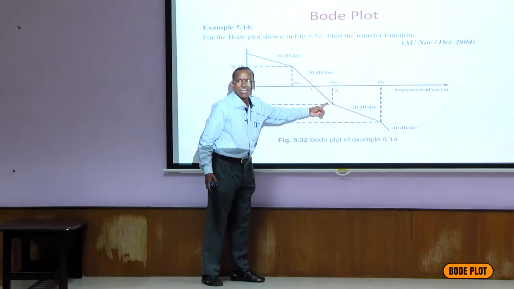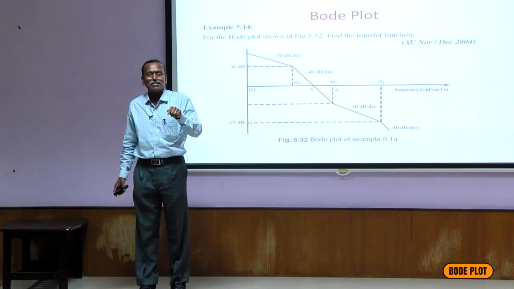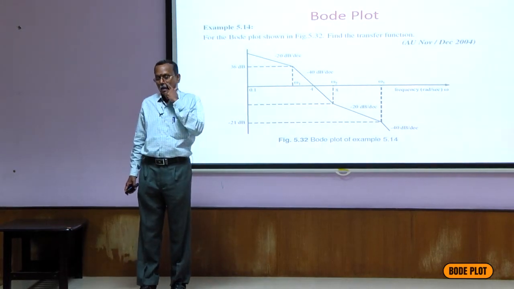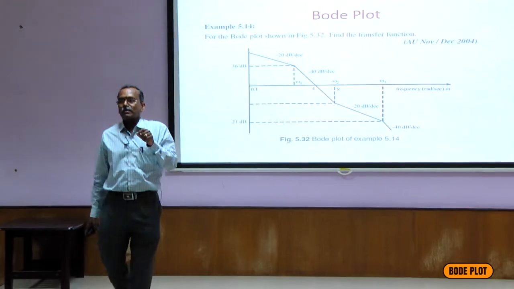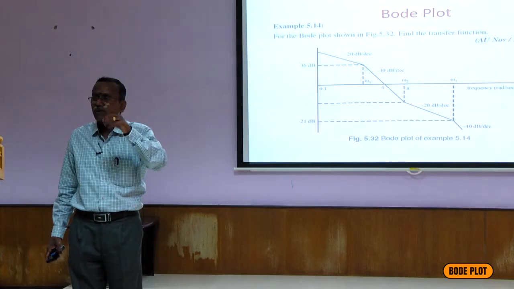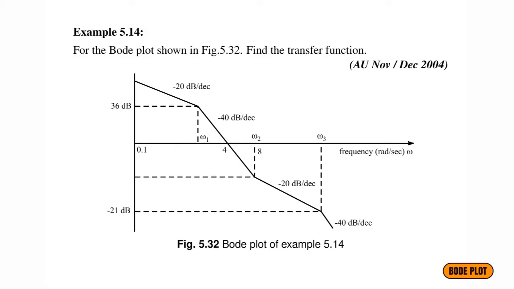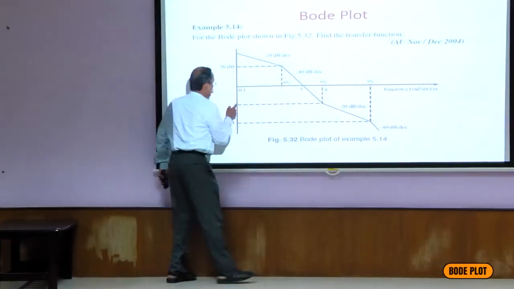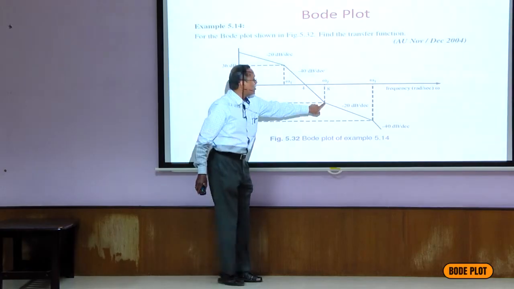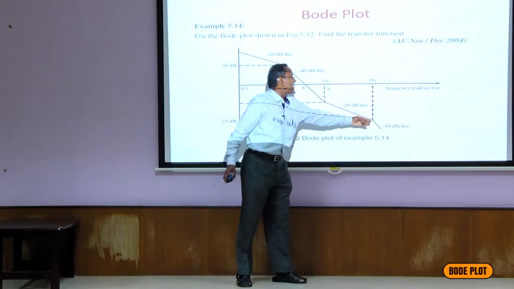What is the slope? 40 dB per decade. 20 dB per decade means 6 dB per octave, so 40 means double: 12 dB per octave. Therefore here, the magnitude is minus 12. Here we know both coordinates: 8 we know, magnitude we know. We substitute that and can find omega 3.